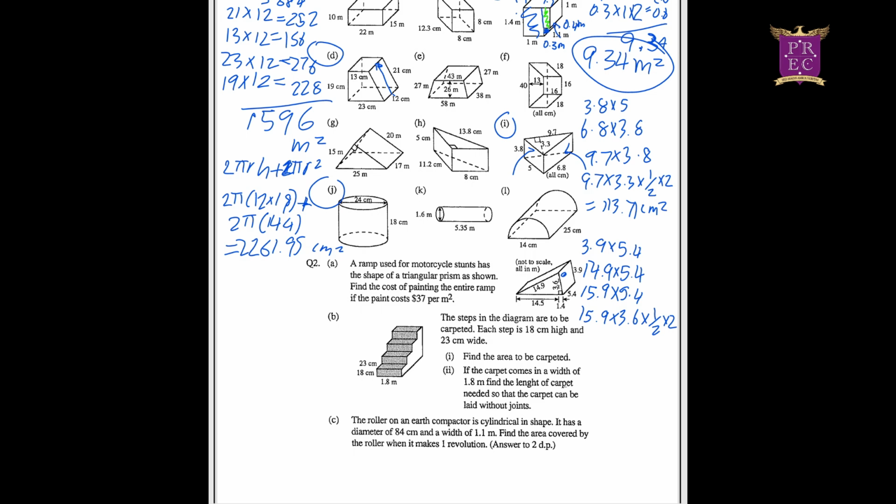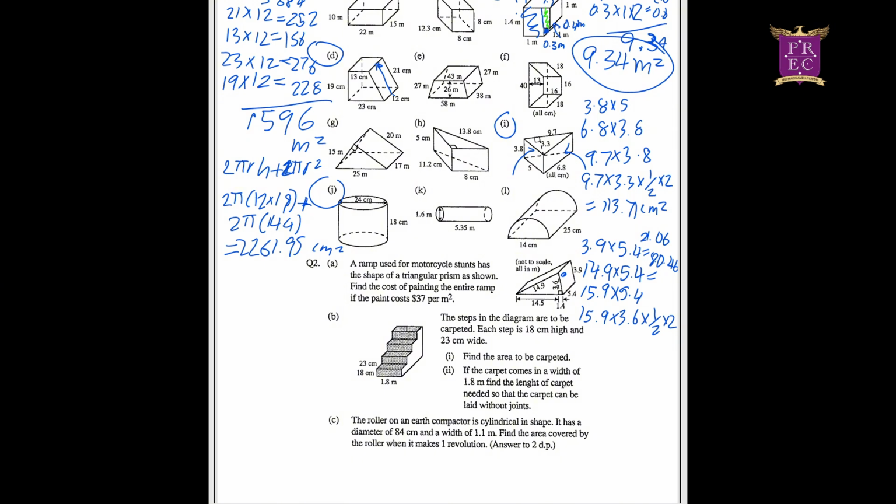3.9 times 5.4 gives us 21.06. 14.9 times 5.4 gives us, sorry, no, 14.9 times 5.4 gives us 80.46.